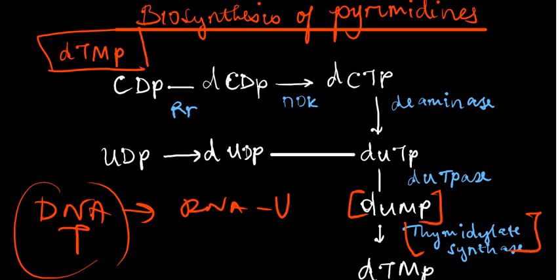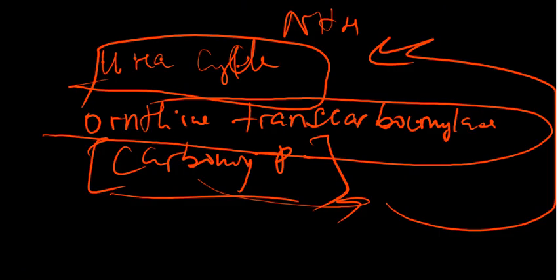Thymidylate synthase and dihydrofolate reductase provide the only cellular pathway for thymine synthesis. These are the only ones that enable us to go from uracil to thymine. Because they provide the only pathway to produce thymine, they are very important.